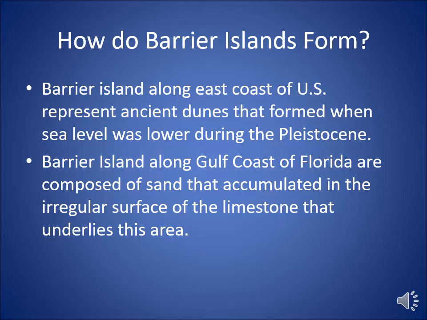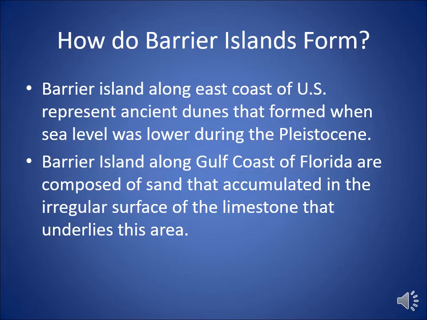At the end of the Pleistocene, we were in a glacial period, and sea level was much, much lower than it is now. And so our beaches would have been to the east of where they are now. As sea level rose, these beaches became stranded from the mainland and began what would be our barrier islands.